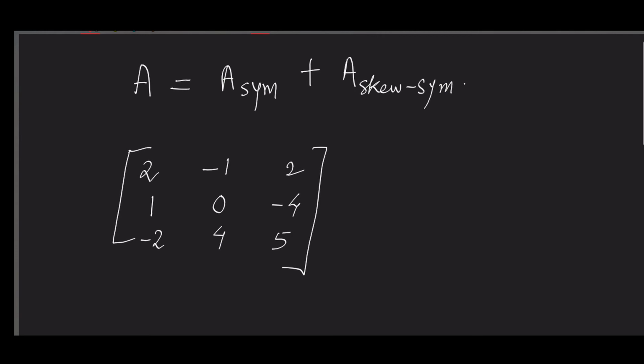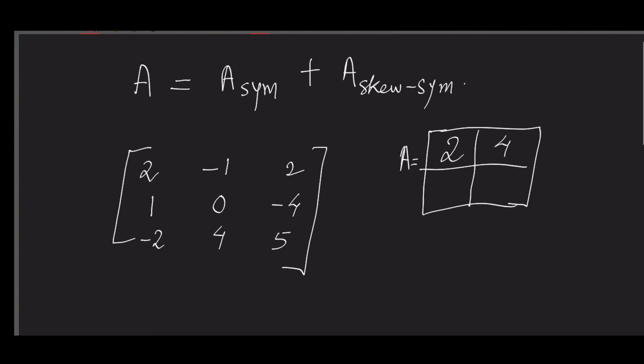So what I am trying to tell, suppose you are having a matrix that is not symmetric in that sense. Somewhat like 2, 4, 1, 5.